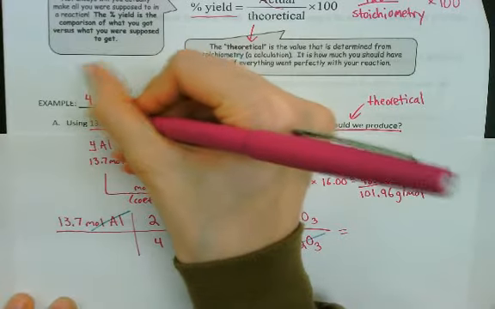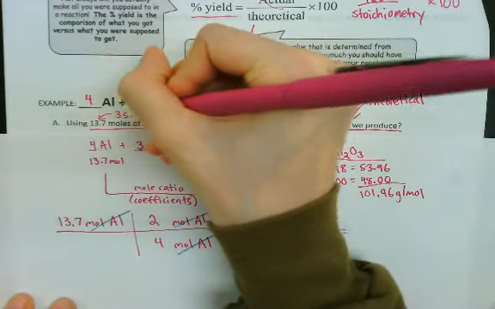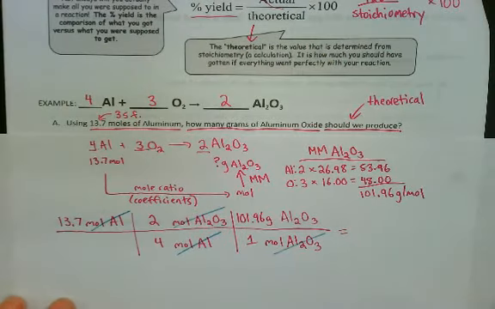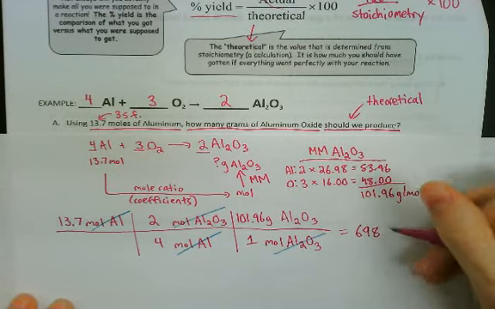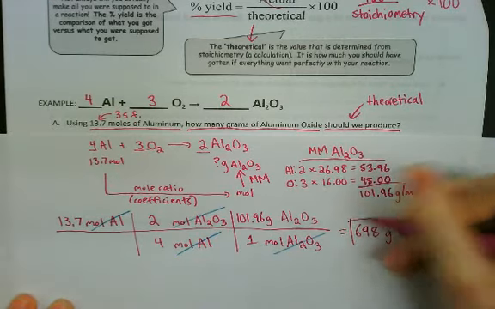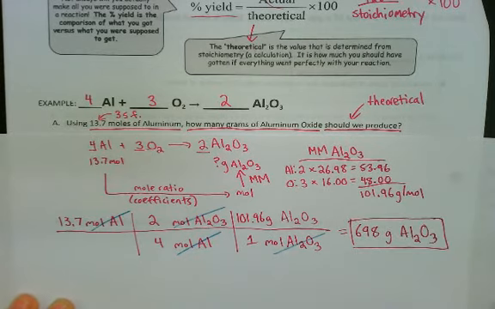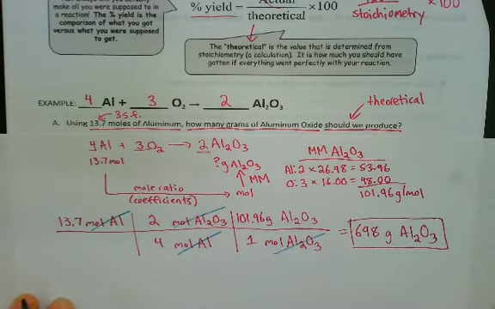But remember that right here, we were given a number with 3 significant figures. So I want you to make sure that you round this to 3 significant figures as well. 698 grams of aluminum oxide. So we should produce, theoretically, in a perfect world, 698 grams of aluminum oxide.